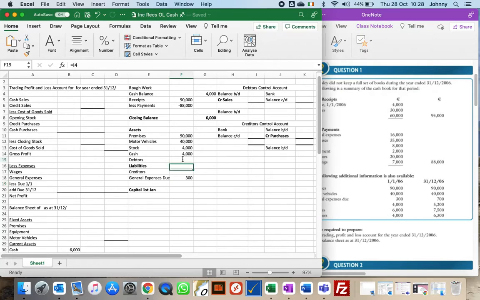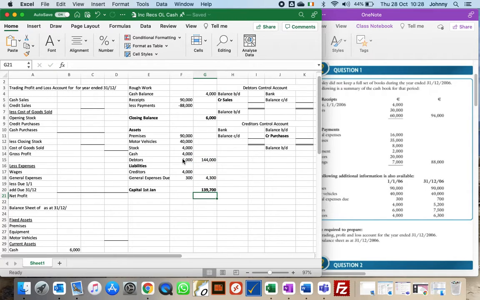Now we add up all of our assets, add up all of our liabilities, and find the difference, and that's our opening capital. Okay, so that's the figure we have for capital.